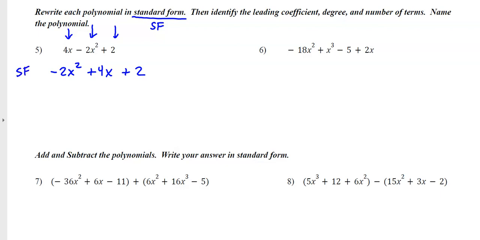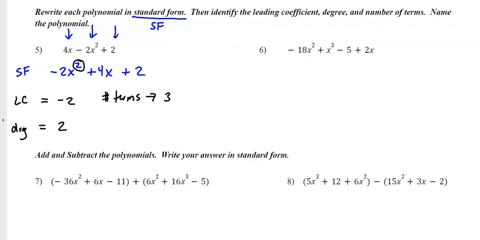Now we want to identify the lead coefficient. I'll just call it LC. The leading coefficient is negative 2. It's that number in front of the highest power. The degree, well, this thing is degree 2 because the biggest power there is a 2. So the polynomial is degree 2. The number of terms, well, this is a trinomial.